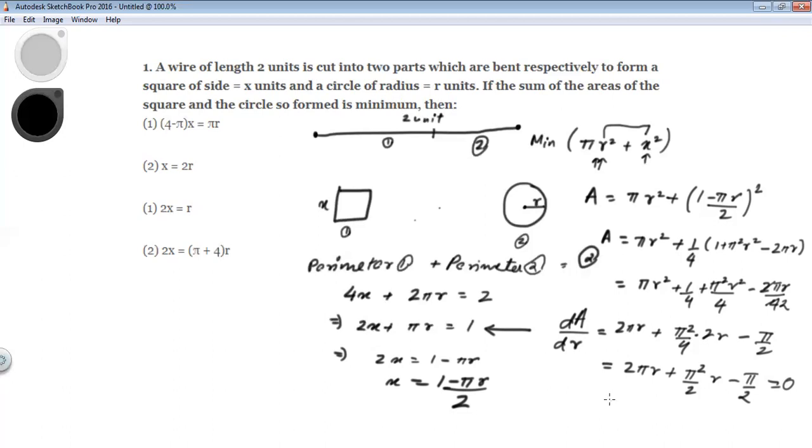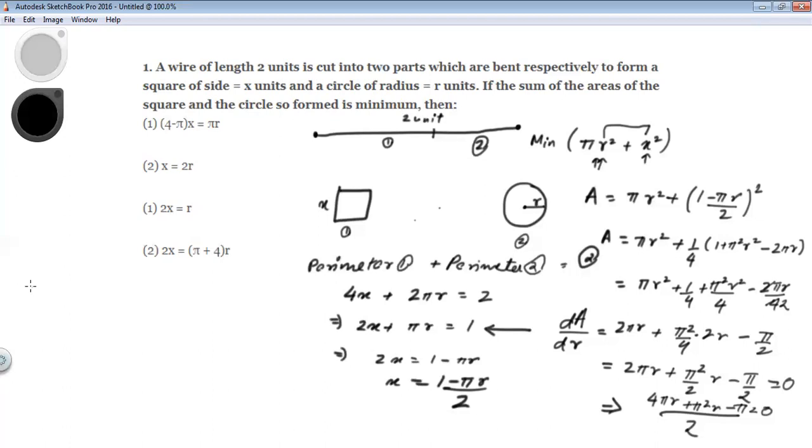So let's take it further ahead. Let me quickly try and find a solution for this one. From this, we can take 2 as our common denominator, and on top we get 4 pi r plus pi square r minus pi equals 0. So let me use the left hand side of the sheet.